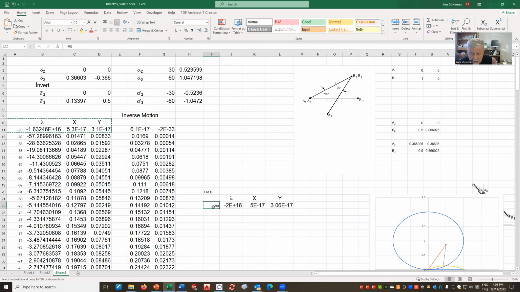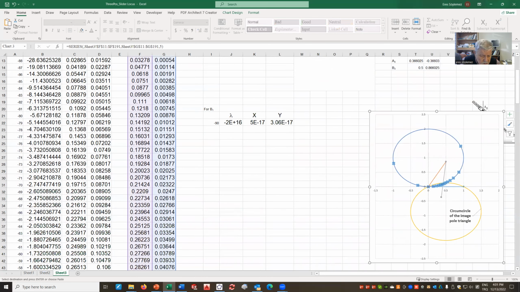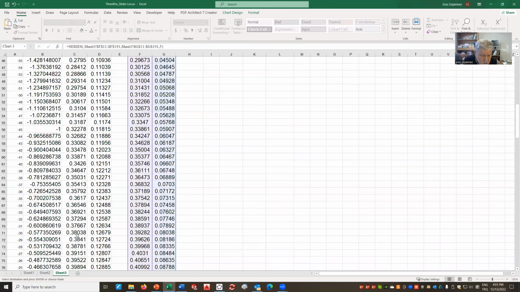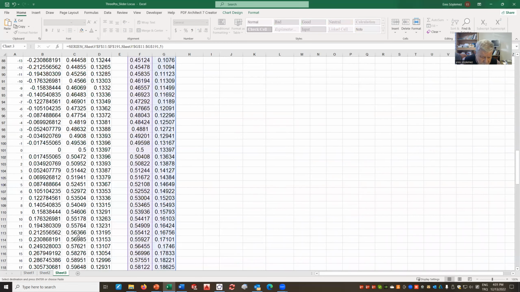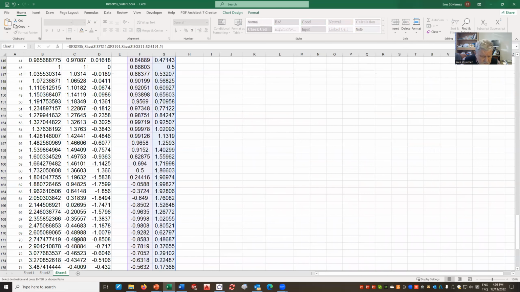Okay. Minus 90 is, let me look. Somewhere over here is 0. No, 0.7 minus 0.73 and plus 0.37. Minus 0.73 plus 37. Just for the hell of it, I could have done it.